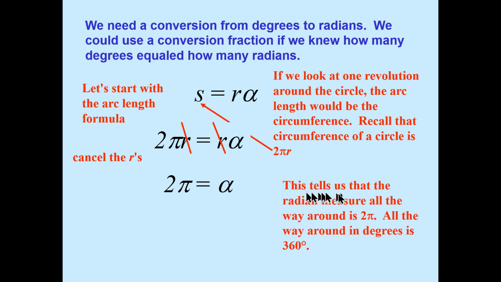This tells us that the radian measure all the way around is 2 pi. And that's the same thing as 360 degrees. So 2 pi radians is 360 degrees.